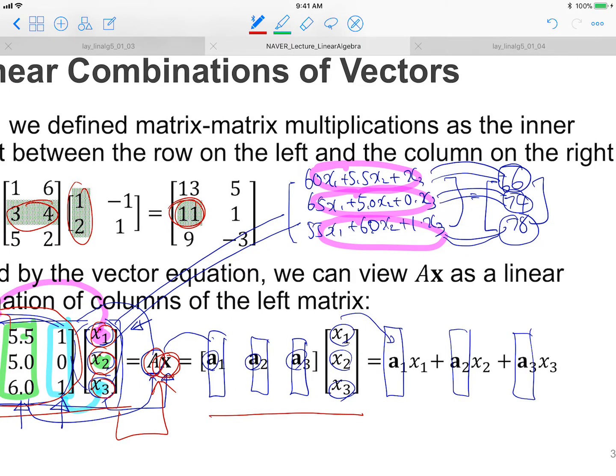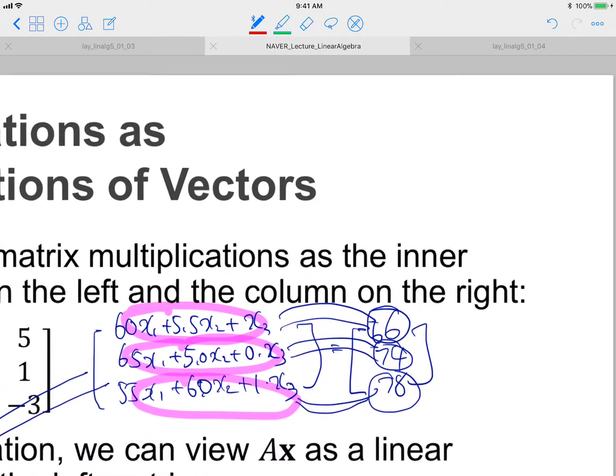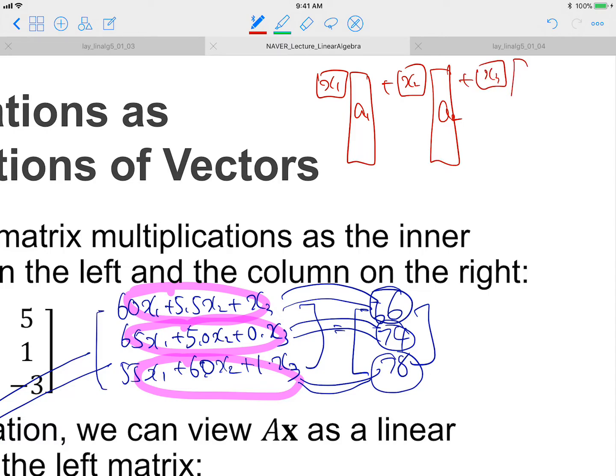And then our vector equation form is x1 times a1 plus x2 times a2 plus x3 times a3, and that will be equal to the given vector v, which contains all the constant values on the right hand side, right?